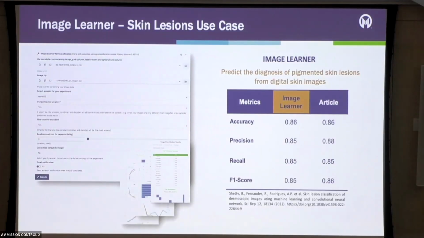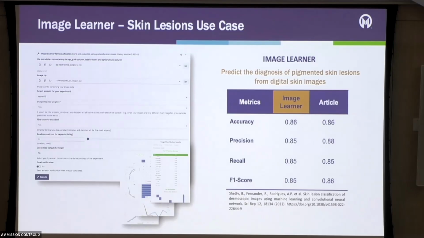Here I'm bringing some examples of those tools working. We take one paper that was published using skin lesions from a public data set, and we train our model. As Dr. Goecks was mentioning, we are looking for robustness, not reproducibility.